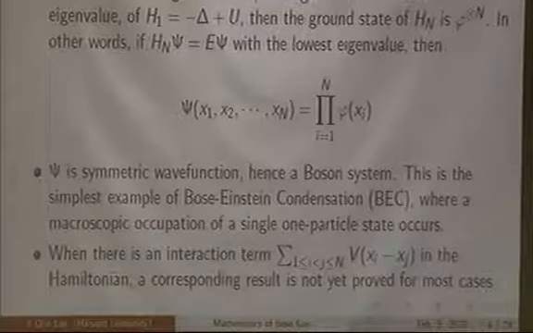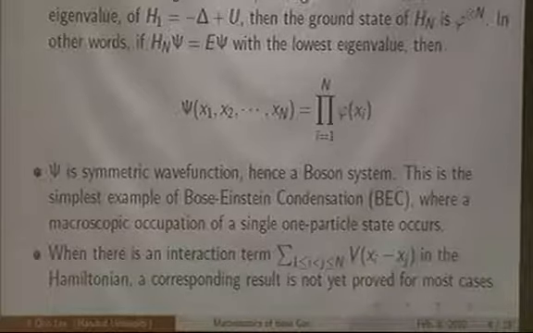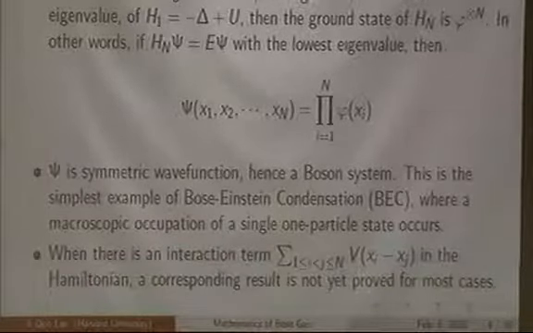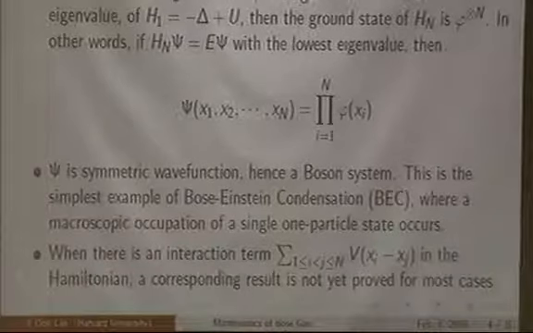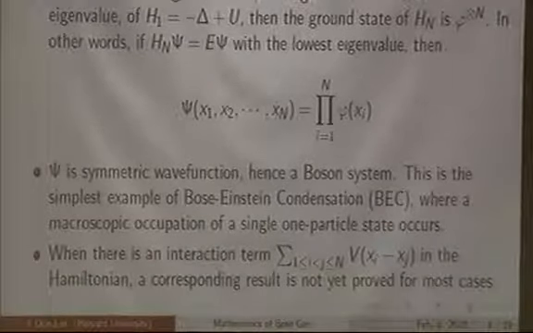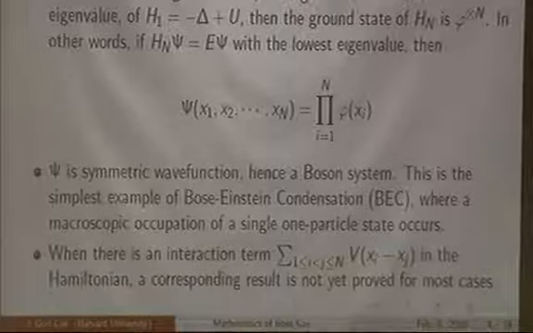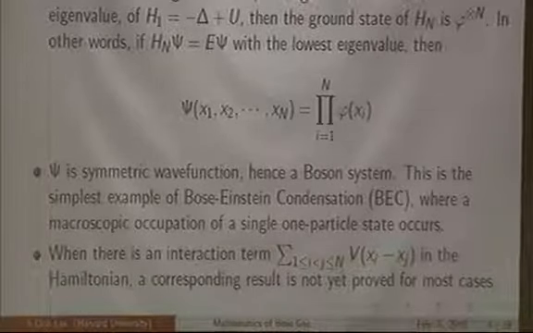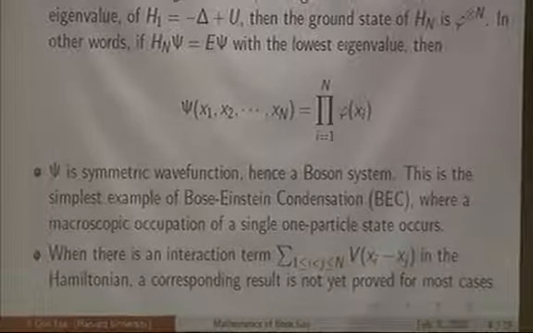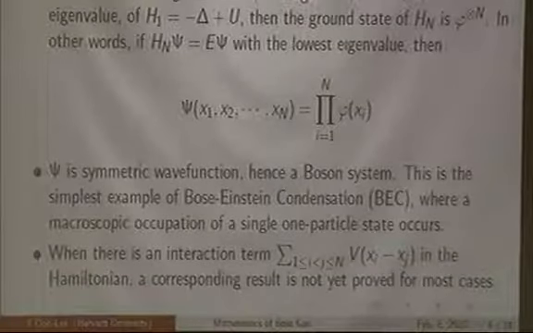So this is a very important phenomenon in physics. And in 1995, this was observed experimentally. And so this becomes a very famous object in mathematical physics as well. So this Bose-Einstein condensation is very important, and that's why we're going to focus on bosons.